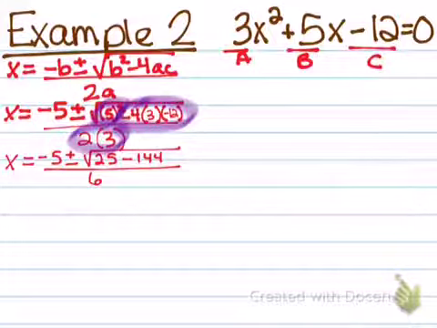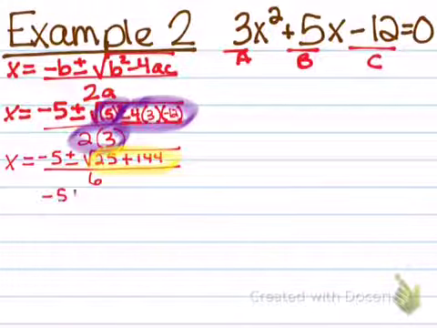There's one more operation underneath the square root. Oh, look what I did. Did you catch my mistake? Negative 4 times negative 12, that's positive 144. Whew, that was close. All right, 25 plus 144 is going to give us 169.